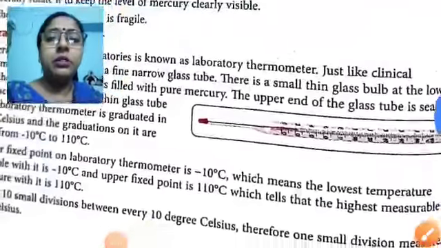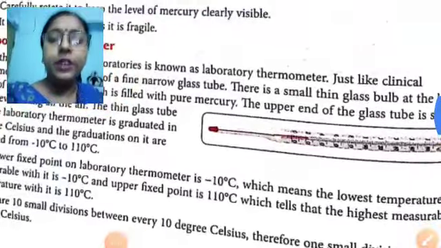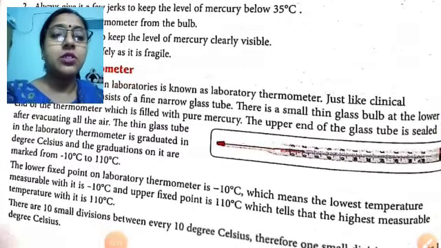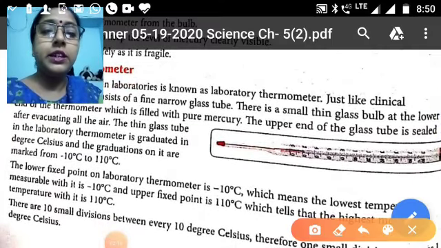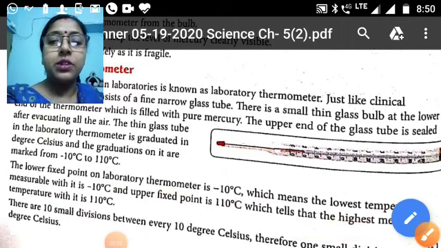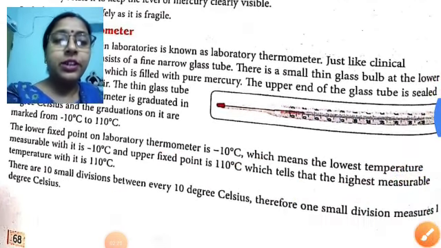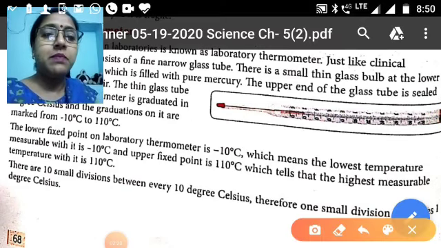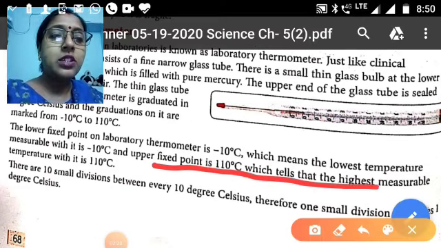In the laboratory thermometer, the lower fixed point is -10 degrees Celsius, which means the lowest temperature. And the upper fixed point is 110 degrees Celsius, which means the highest temperature.